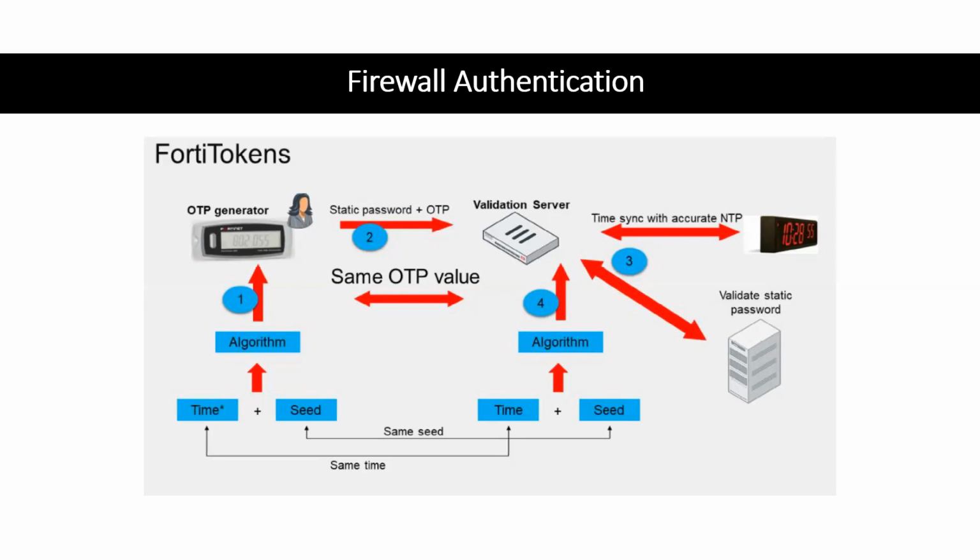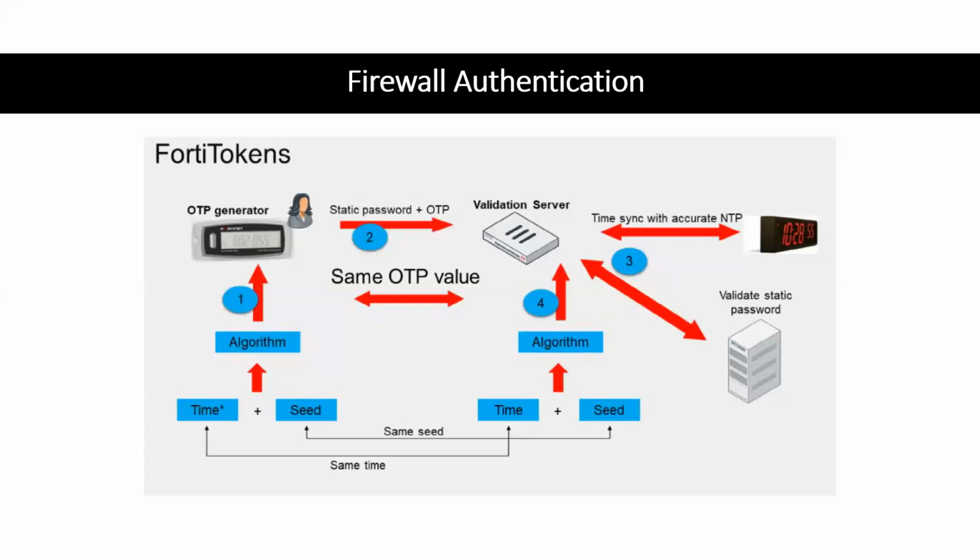As you can see at the bottom, you don't need to know this in detail. But what happens is that the two things that make up the algorithm are a seed and the time. The seed is the unique, randomly generated number that does not change over time, and the time is obtained by an accurate internal clock.